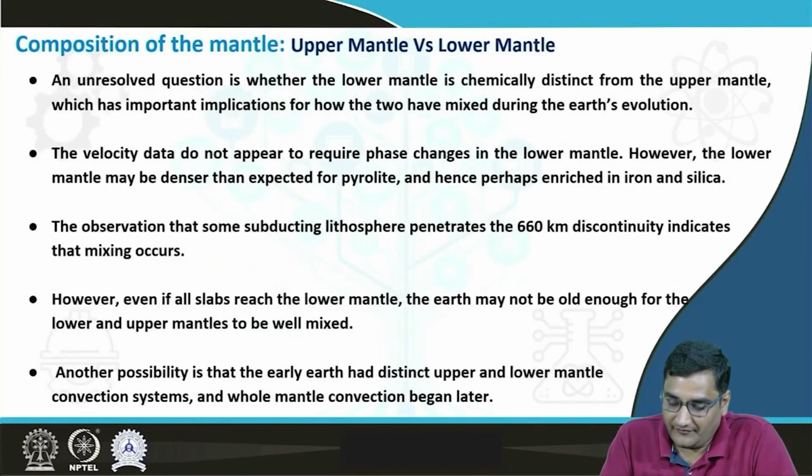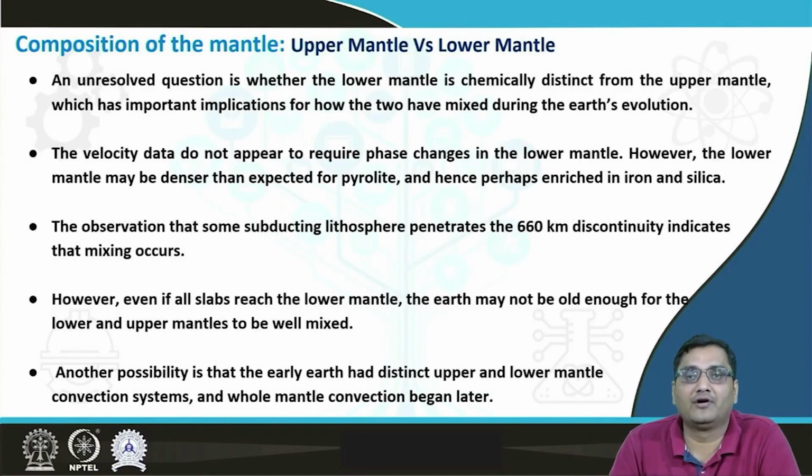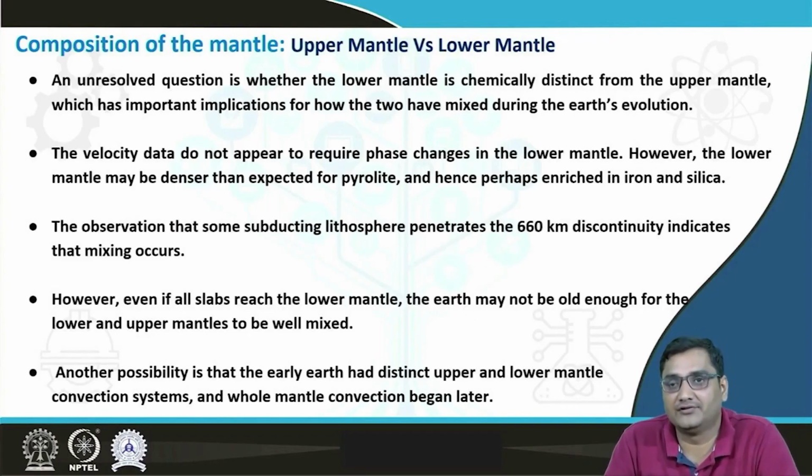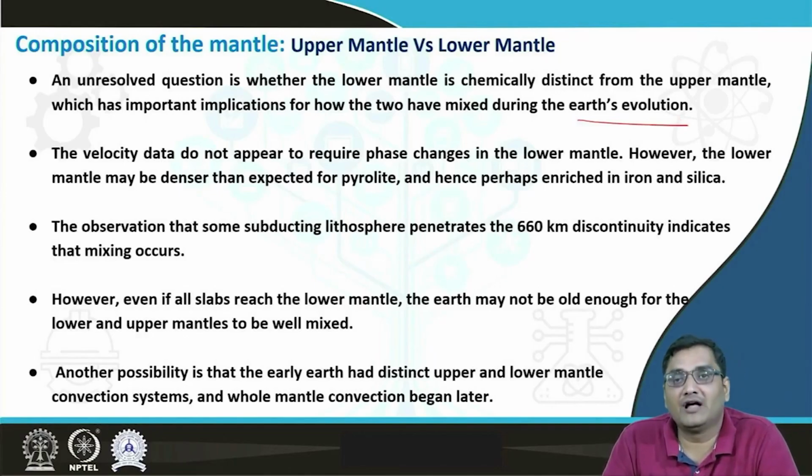So when we compare the composition of the upper mantle versus the lower mantle, there is an unresolved question of whether the lower mantle is chemically distinct from the upper mantle, which has important implications for how the two have mixed during the evolution of the earth. The velocity data do not appear to require phase changes in the lower mantle.